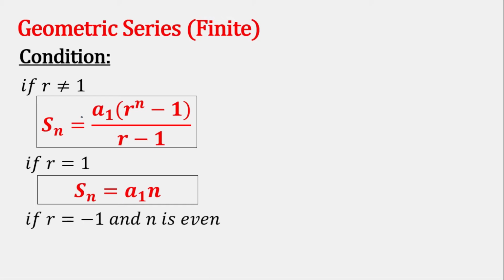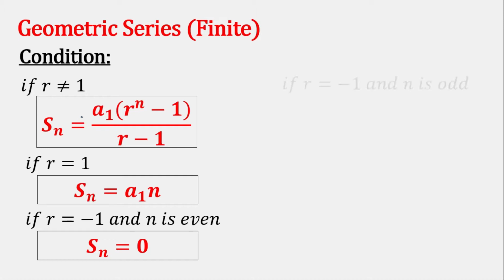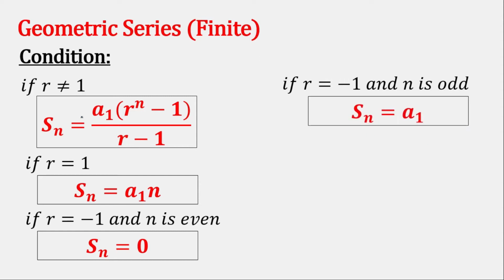Next is if r is equal to negative 1 and it has an even number of terms. So we'll just use this formula because S sub n, or the sum of this series, is equal to 0. Last, if r is equal to negative 1 and we have an odd number of terms, the answer will be S sub n is equal to a sub 1.